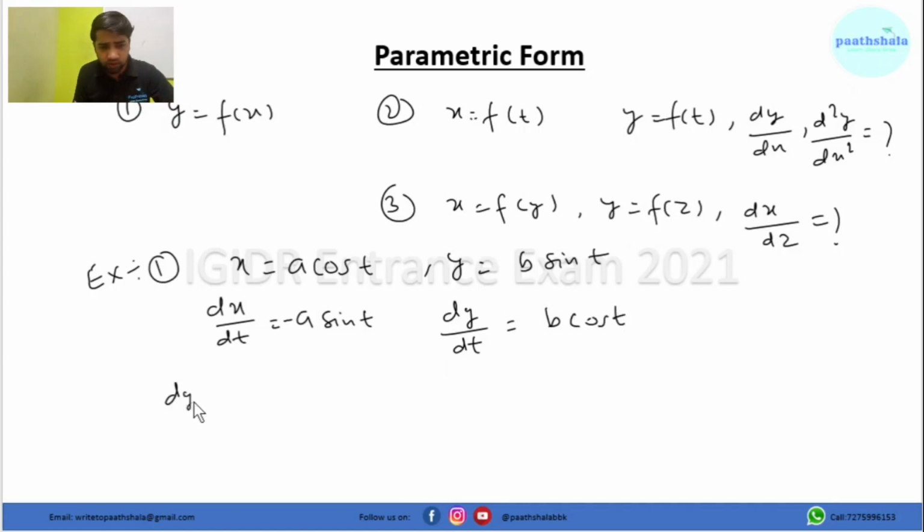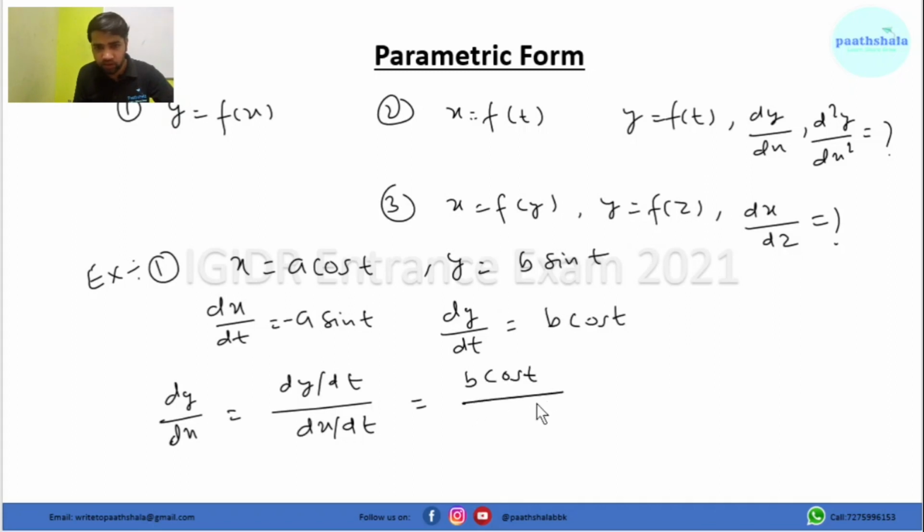Now to find dy by dx, we can simply write it as dy by dt upon dx by dt. Now put the values of both the derivatives: b cos t upon minus a sin t. So this will come out to be minus b upon a cot t. So this will be our answer.